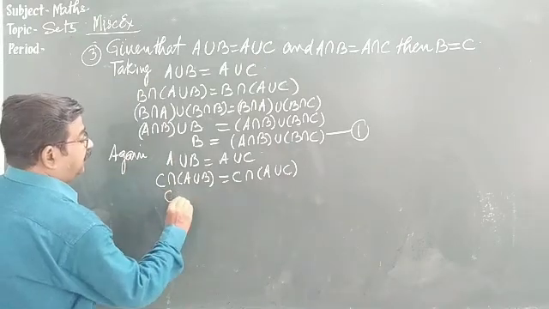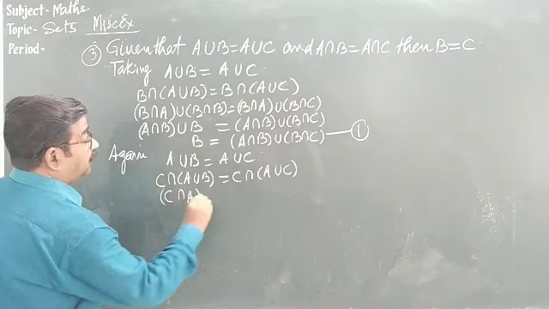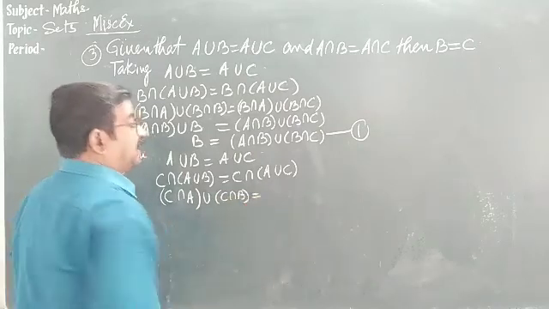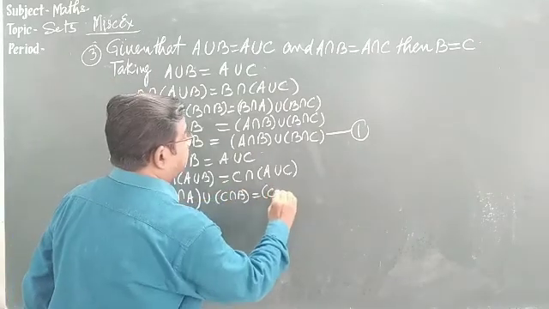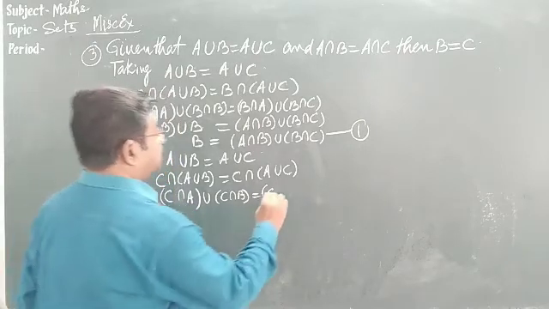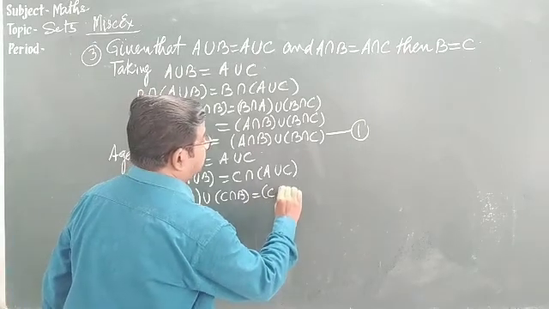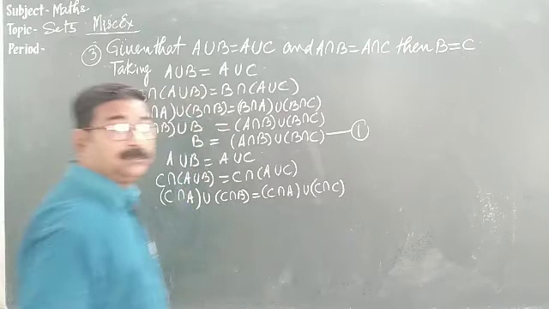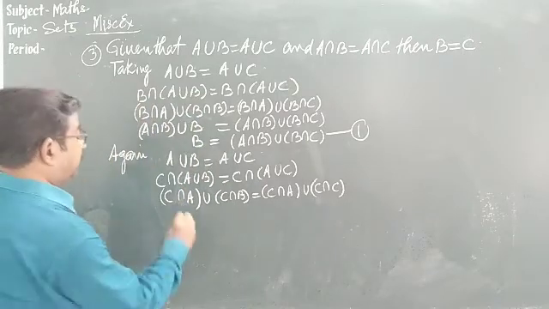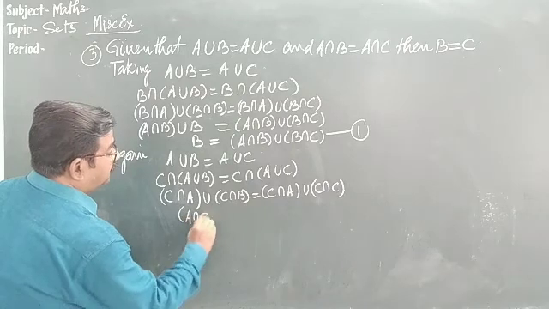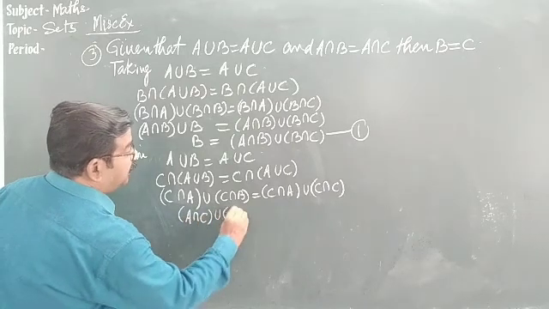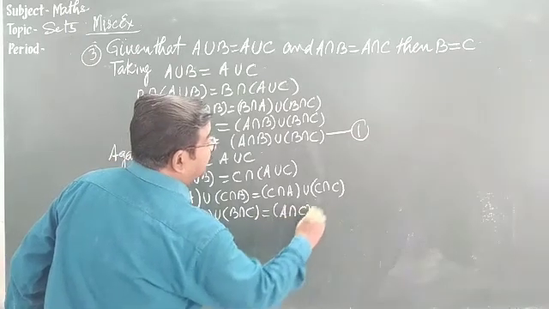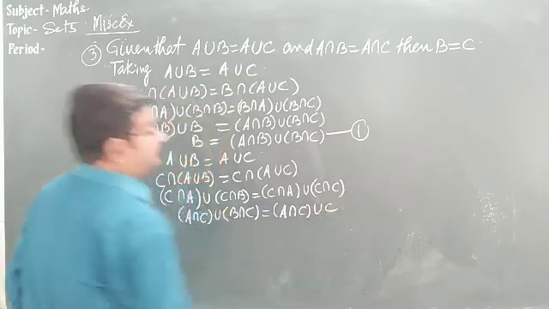We have (C intersection A) union (C intersection B) on this side, and (C intersection A) union (C intersection C) on the other. See, C intersection A can be written as A intersection C, C intersection B is B intersection C, and C intersection C is C.